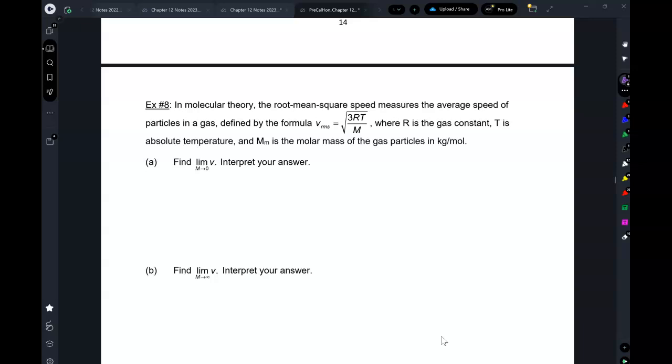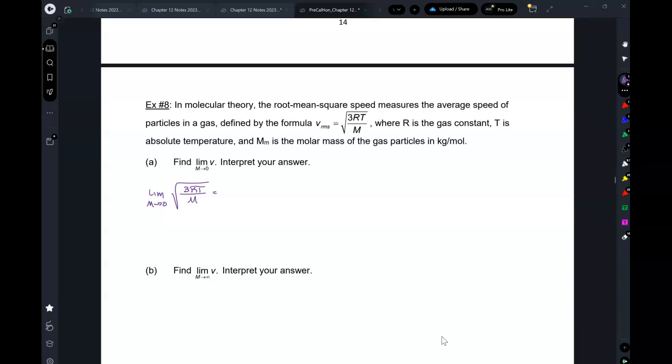Okay, so find the limit as m approaches 0 of v. So this is the limit as m approaches 0 of the square root of 3RT over m.